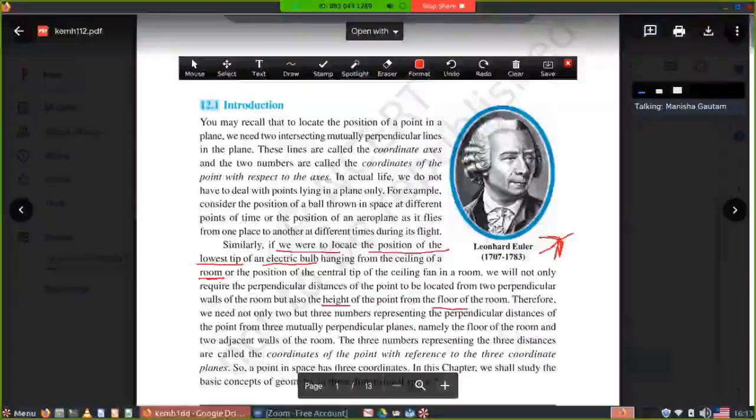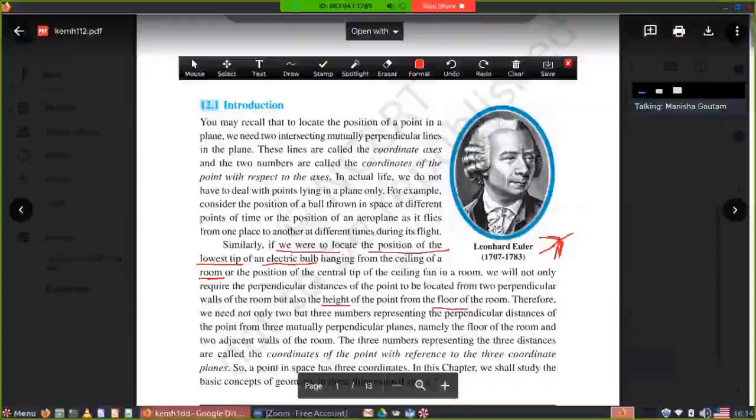Therefore, we need not only two but three numbers representing the perpendicular distances of the point from three perpendicular planes. For a point lying in space, the perpendicular distances from the two walls and from the roof, three perpendicular distances, are required.